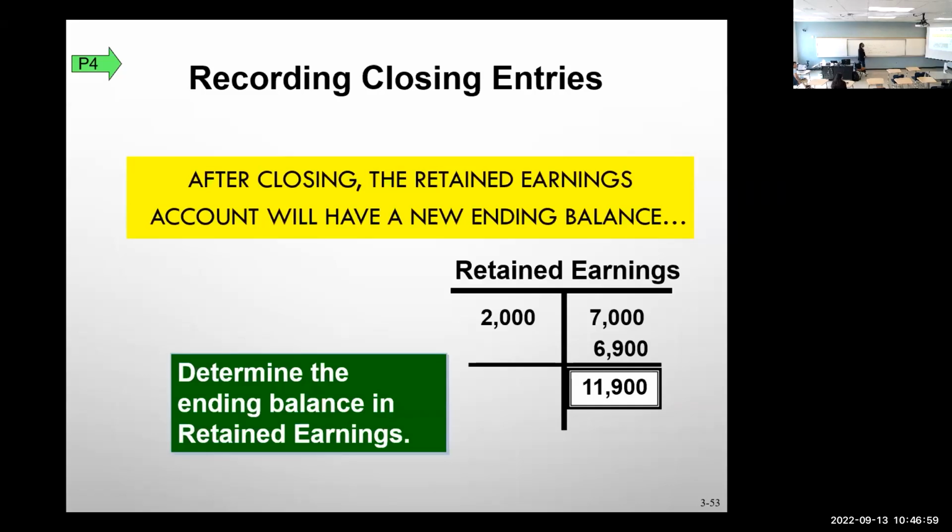I got a question. Look at this. This is beginning retained earnings plus net income minus dividends gives you ending retained earnings. Where have you heard that before?